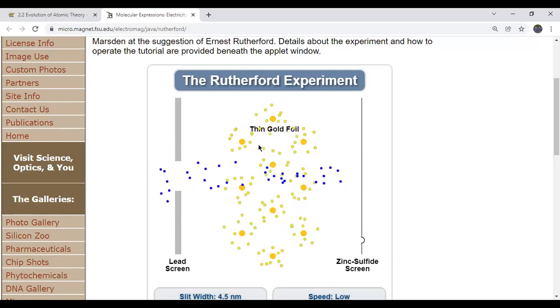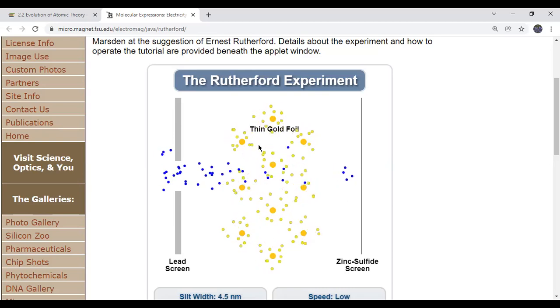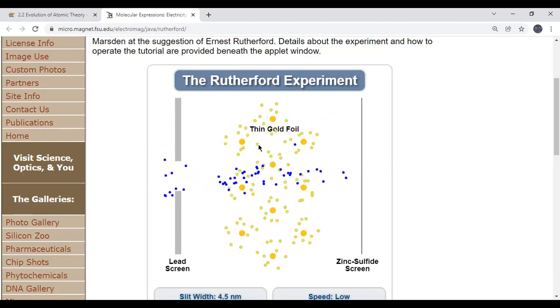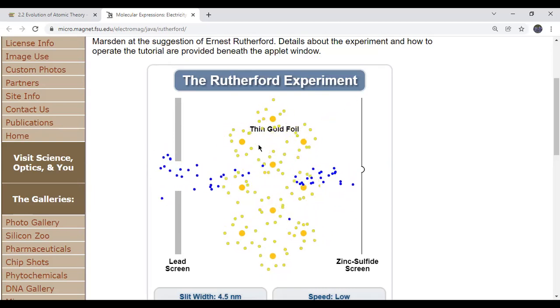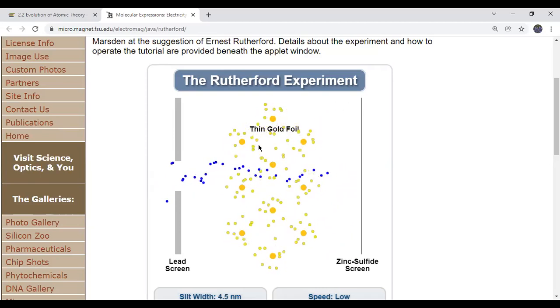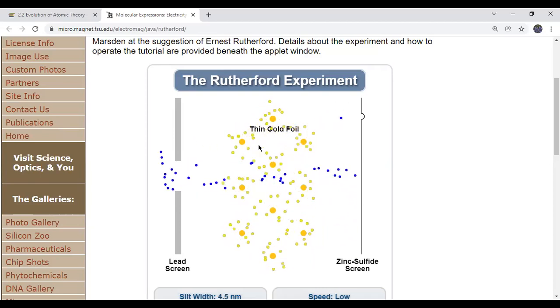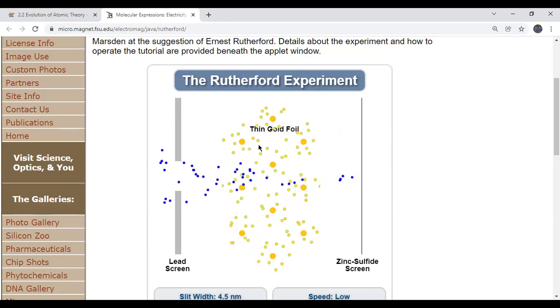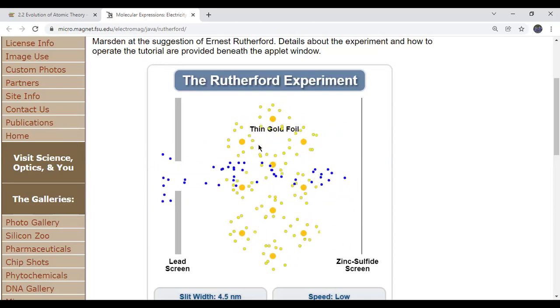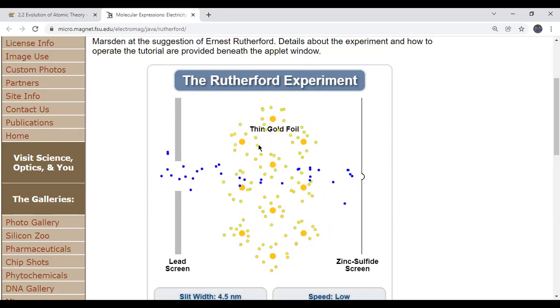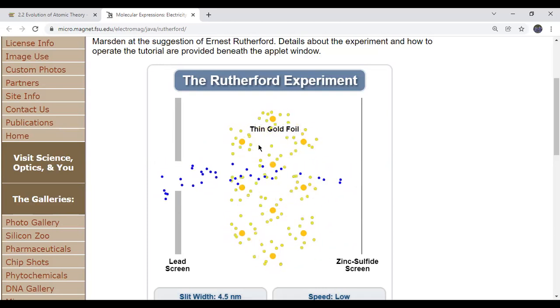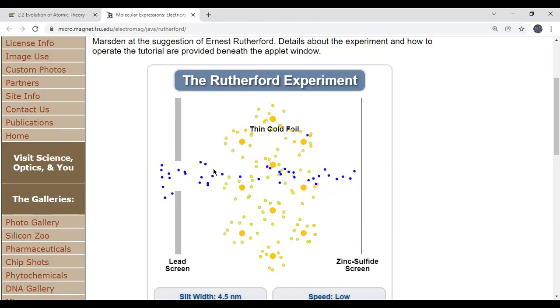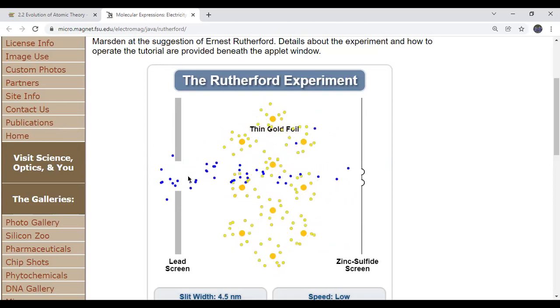And so only the particles that struck the nucleus got deflected. So that must have meant that there was a really heavy particle in the nucleus that was heavy enough to cause that deflection, and that the particle was positively charged. These alpha particles are positive.